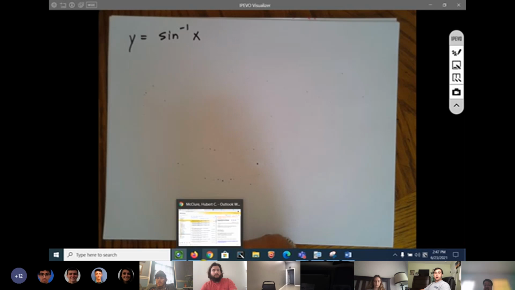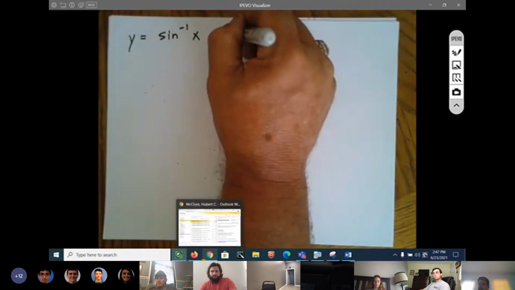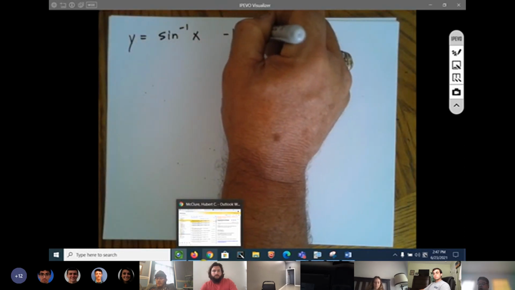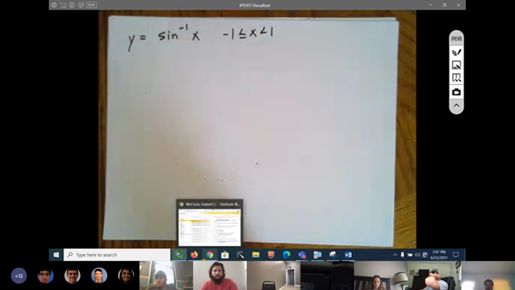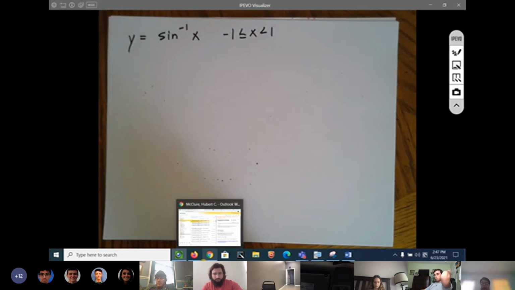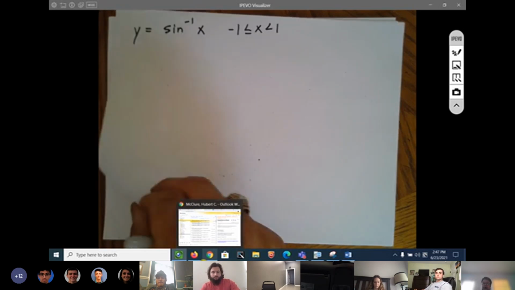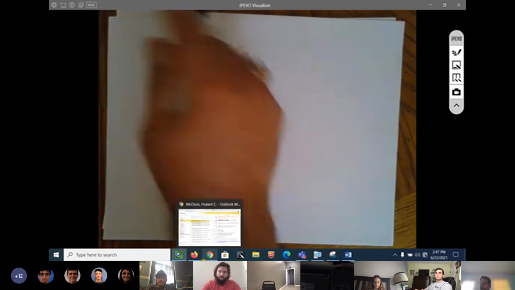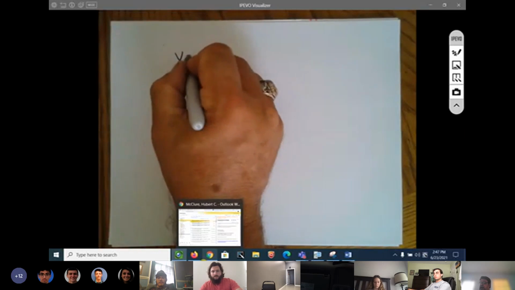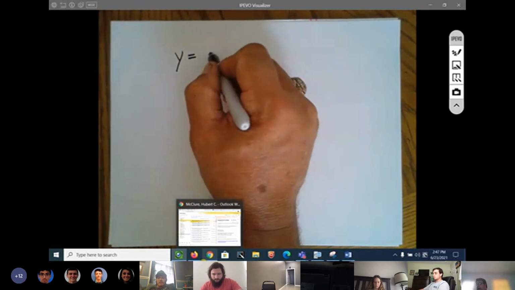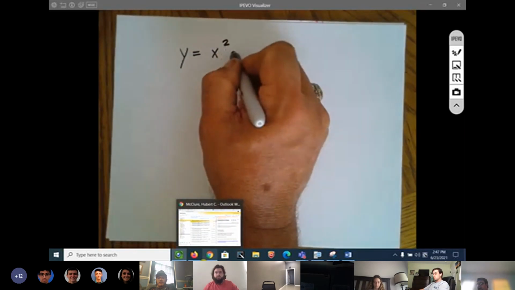And the inverse sine is between -1 and 1. That just comes with it. Do y'all remember a while back in algebra? Y is equal to x squared minus 2.